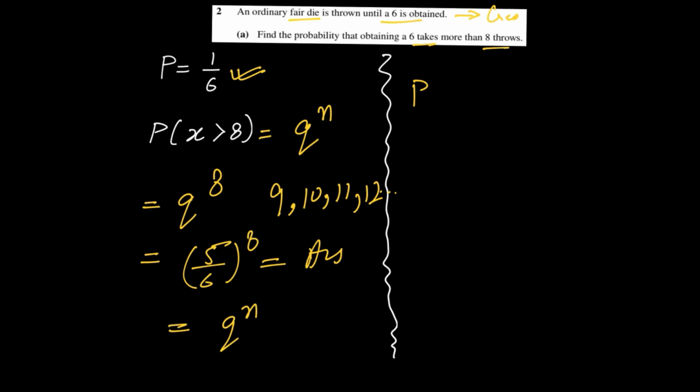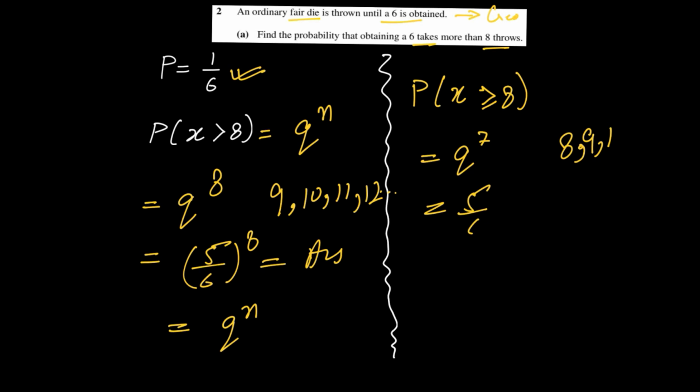Okay, now as an example, let's see if the question had said greater than or equal to 8 throws. In this case, you can pass on the 8th try as well, the 8th, the 9th, the 10th, and so on. So for that to happen, you have to fail 7 times. So simply q to the power 7, (5 upon 6) to the power 7, will give you your answer.